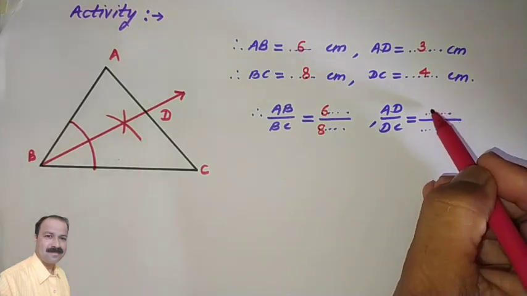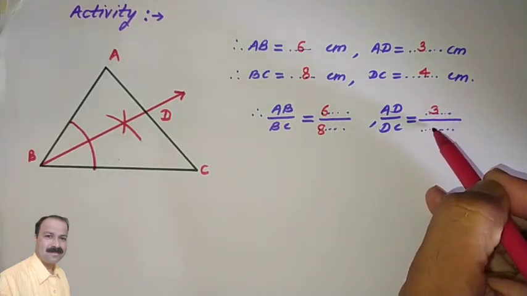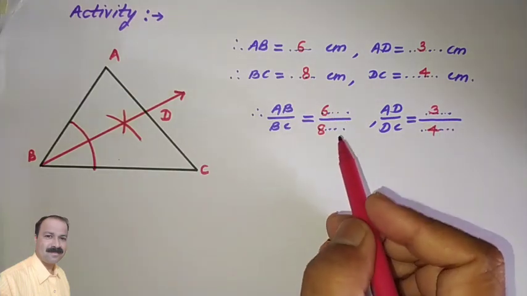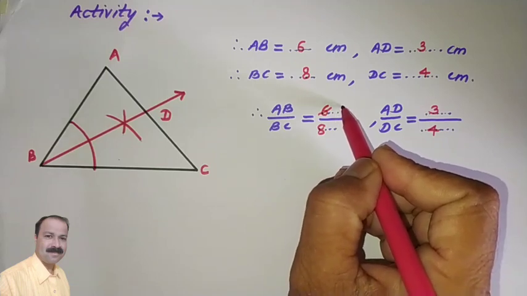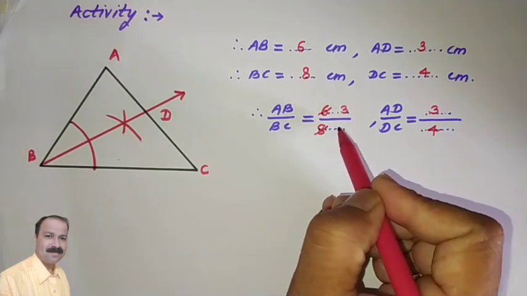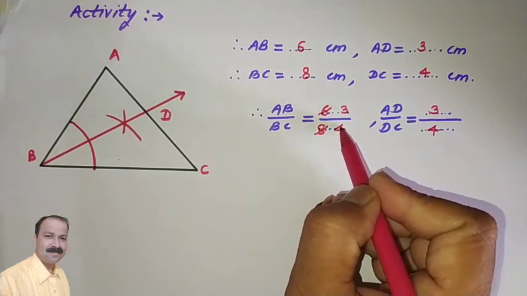Here AD is 3 and DC is 4. So simplify: 2 3s are 6 and 2 4s are 8.